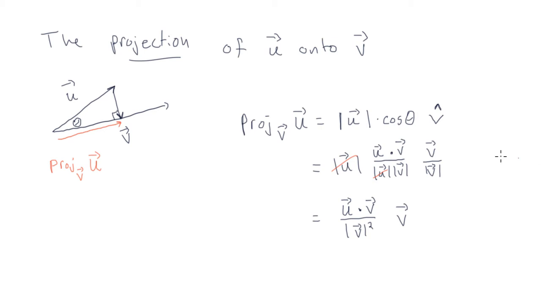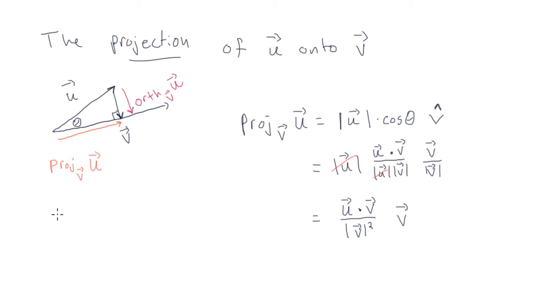We can also talk about this other vector here. This is called the orthogonal projection. So the notation is similar, ORTH for orthogonal, and then we have v and u. And now what is the orthogonal projection?